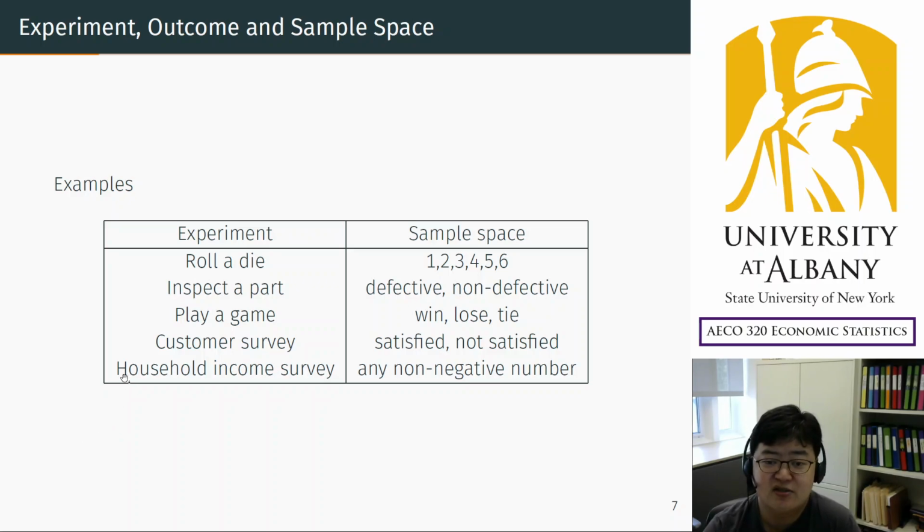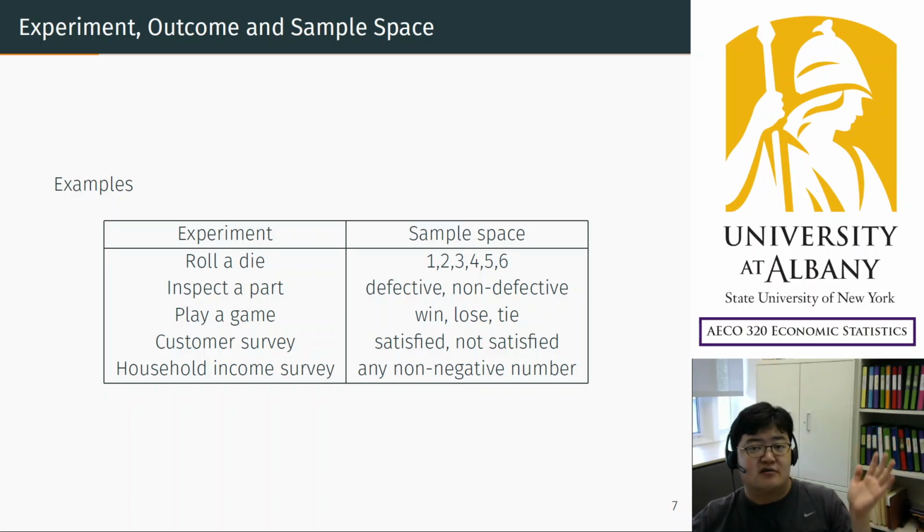And household income survey. In this experiment, you choose a random household and ask about its income. Then the answer is the outcome, but the answer can be any non-negative number. My income is $1,000 a year, for example. Then $1,000 is an outcome, so any number can be the answer.